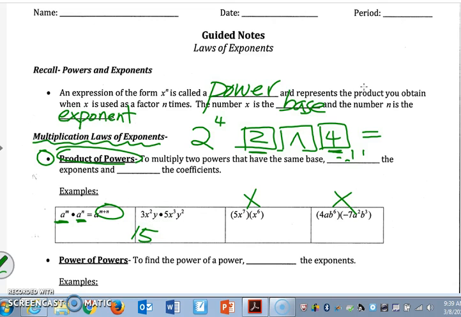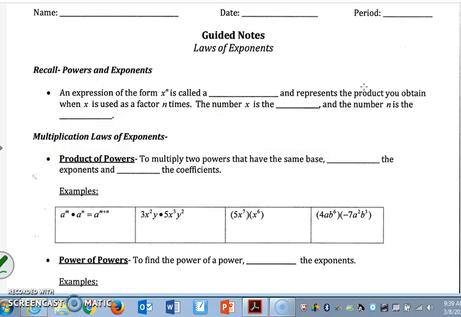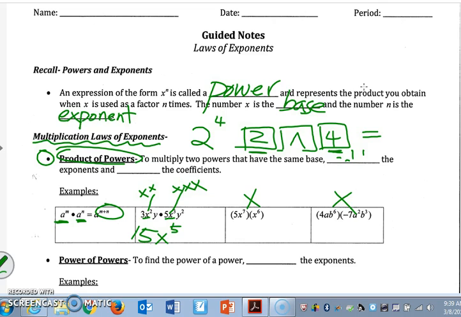And then you combine like terms. You look at x and x. How many x's are there? There are 2 x's here. There are 3 x's here. So altogether 5 x's. So you just do x^2 times x^3, 2 plus 3, 5. You can just use the shortcut. And then after you do x, you do y.